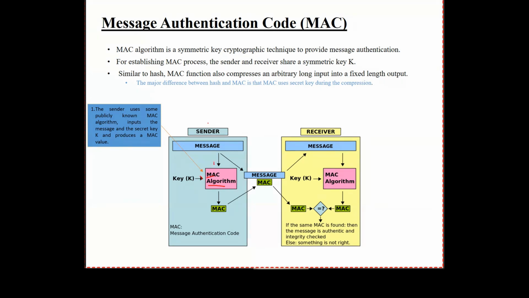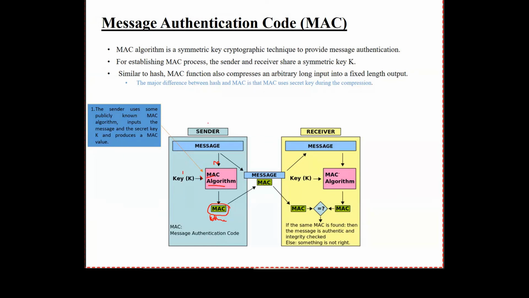So you give the message and the key to the MAC algorithm, and that will produce the MAC value, which is the message authentication code. It has a fixed length. No matter how long the message is, the length of the MAC is the same. And you need to send both the message and the MAC to the receiver.